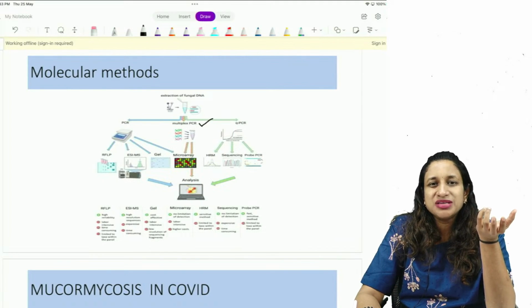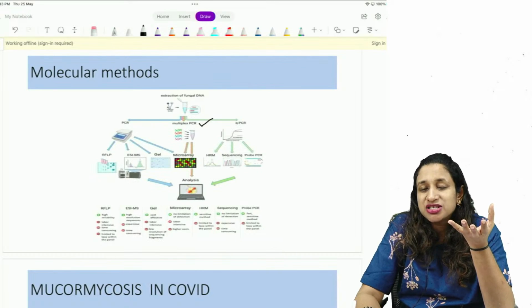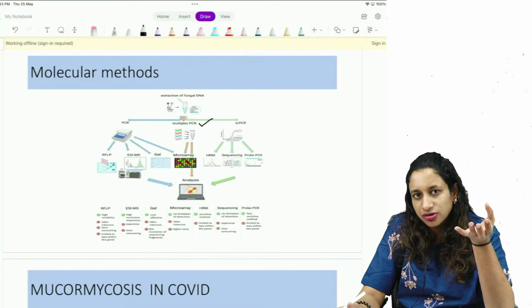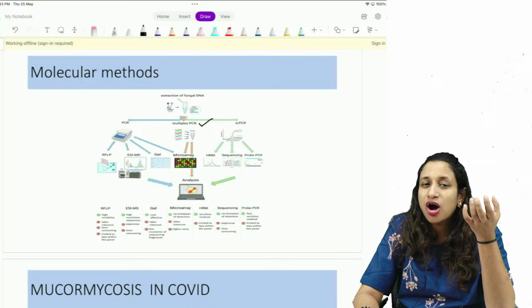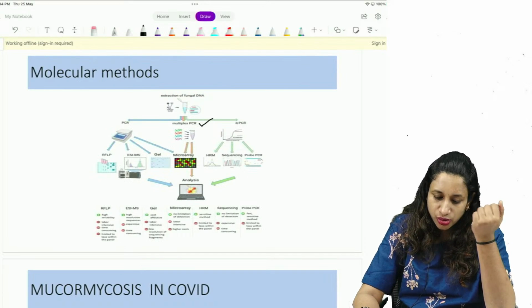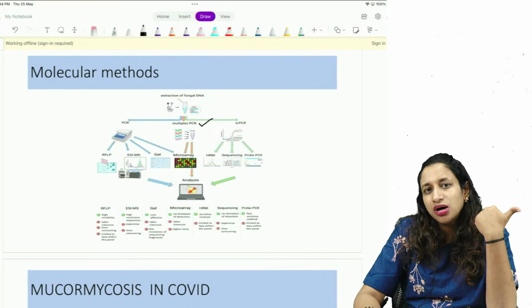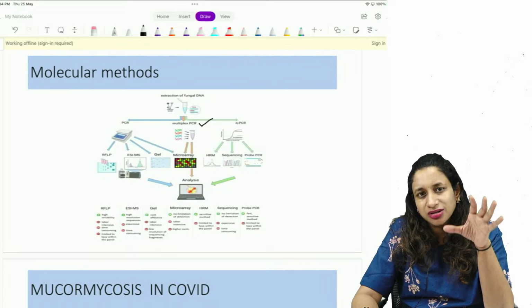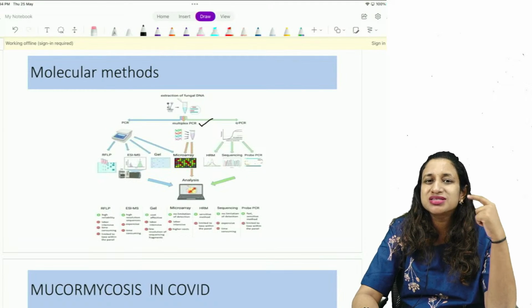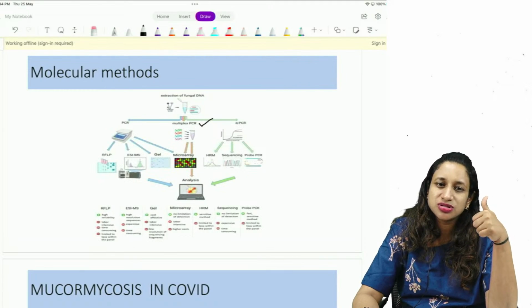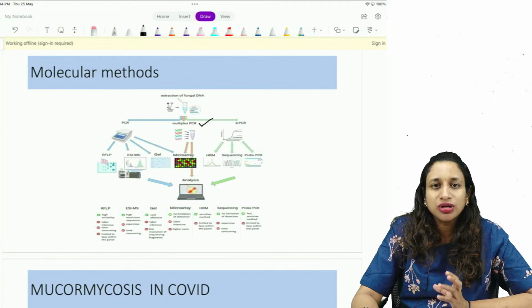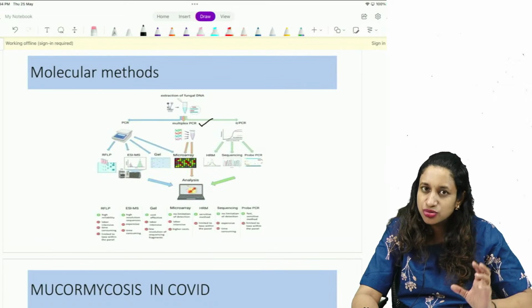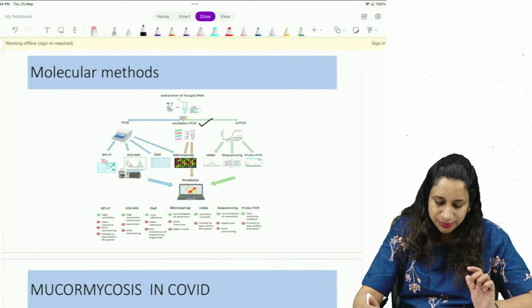Quantitative PCR also helps you, especially when you are trying to follow up post treatment, and you would want to know how much of a fungal load you have. So you can do a PCR, you can do sequencing, all of this is possible with molecular methods, and like I told you, this makes it very easy to diagnose and very sensitive. So you tend to have better results when you are using molecular methods for diagnosis.